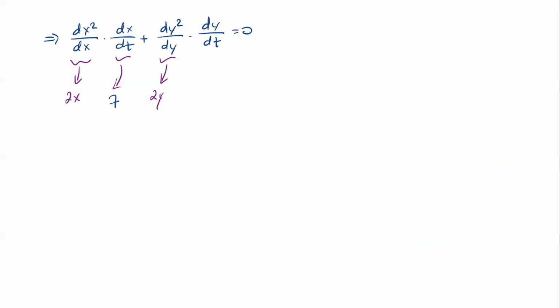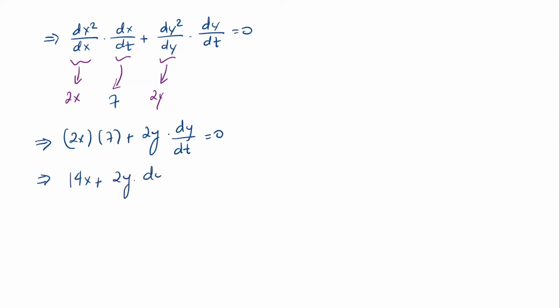So we can say 2x times 7 plus 2y times dy over dt equals 0, and we can simplify this further as 14x plus 2y dy over dt equals 0.